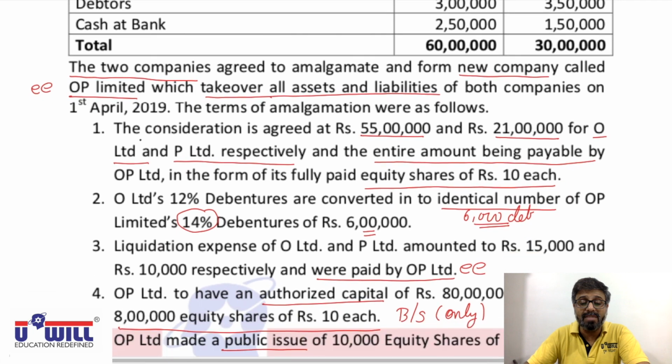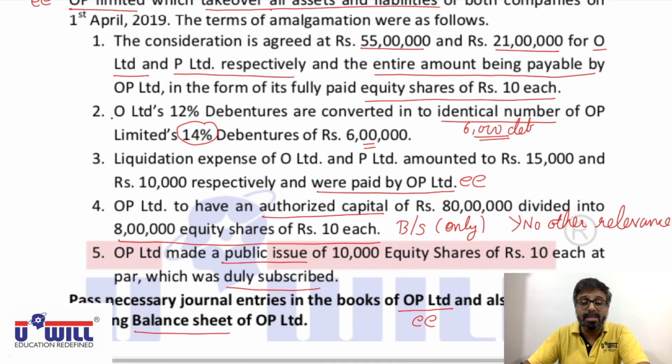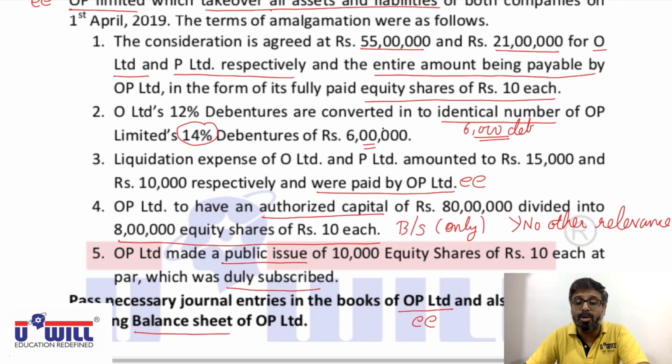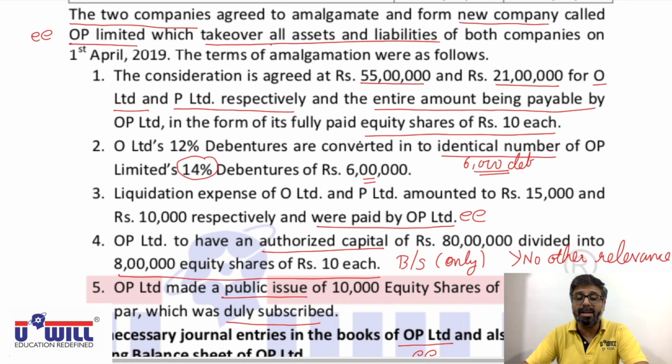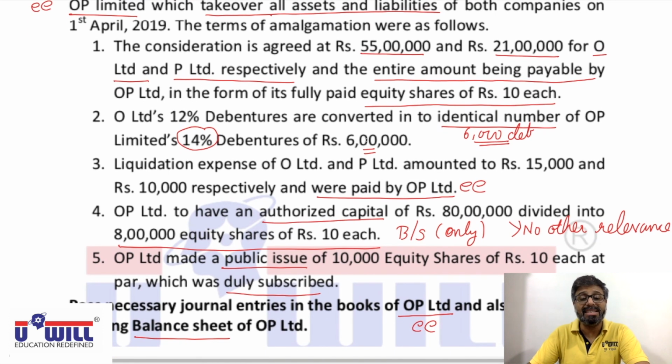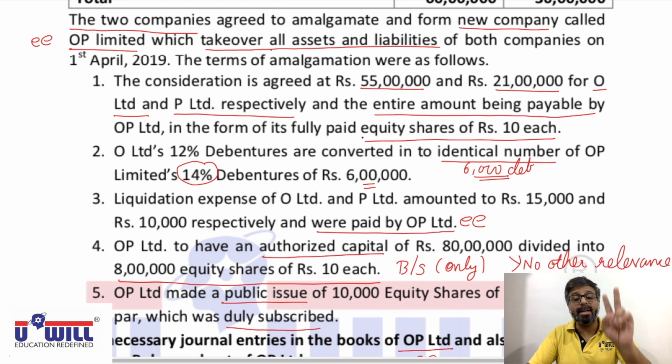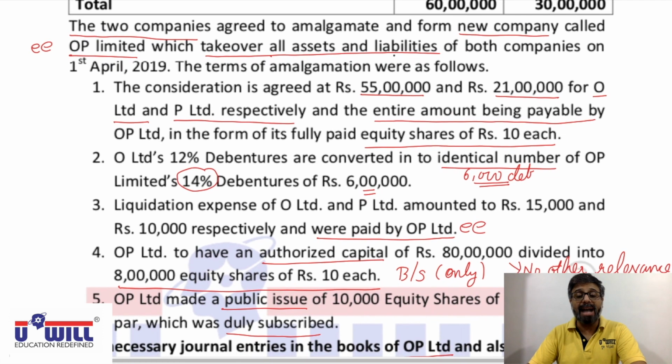No. Debentures value is given in adjustment 2, but that is also given at book value only, 6 lakhs. Debentures value is given, but its agreed value is not different than book value. So second condition is also satisfied. All assets and liabilities are taken over, and that too at book values.